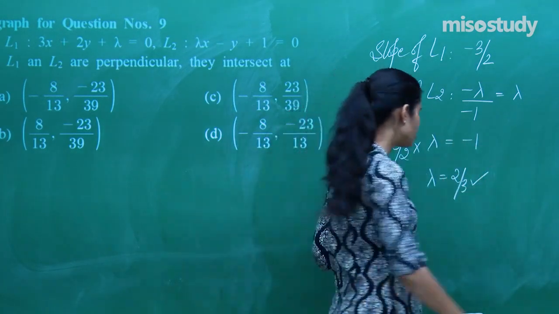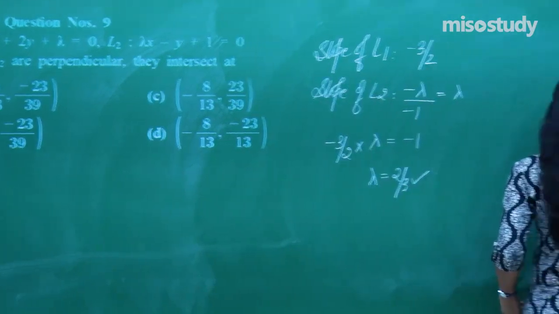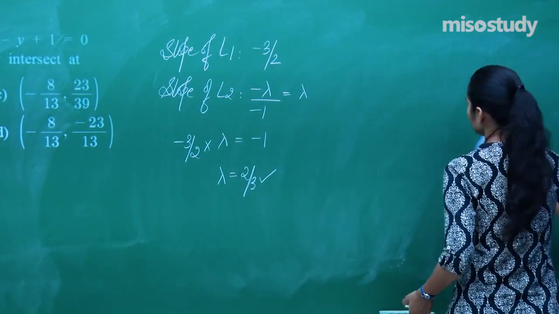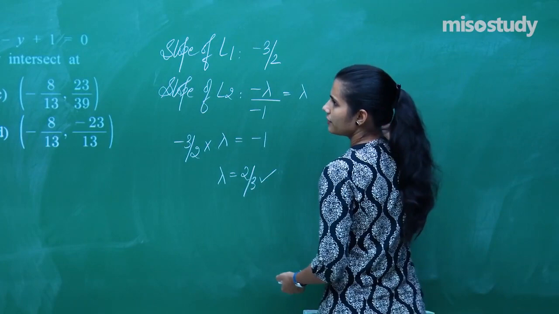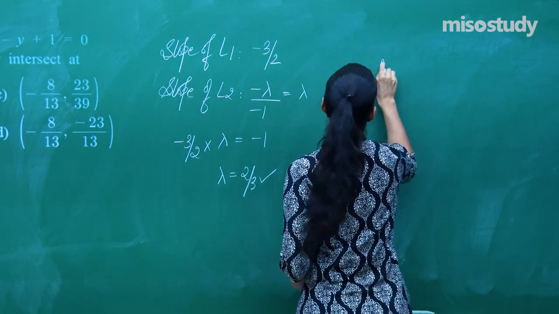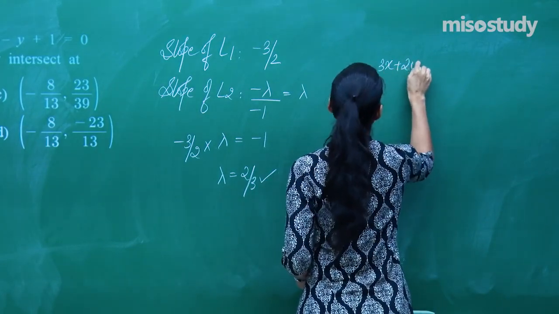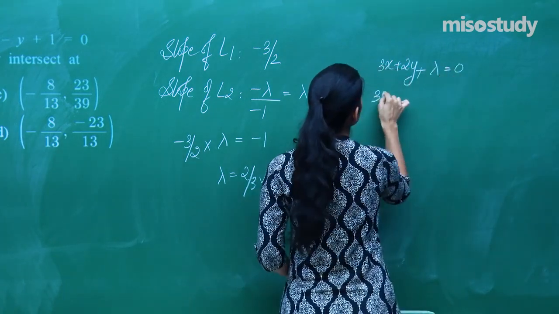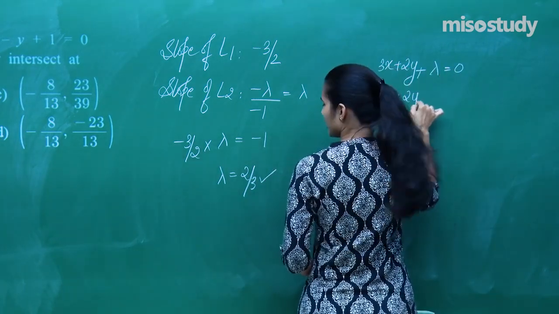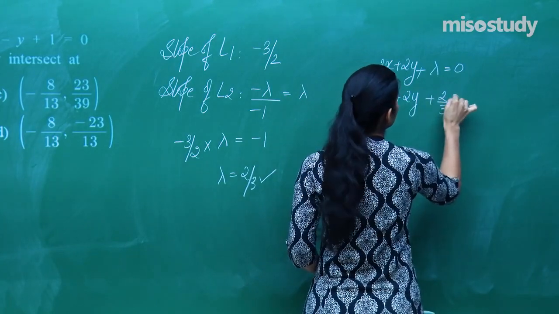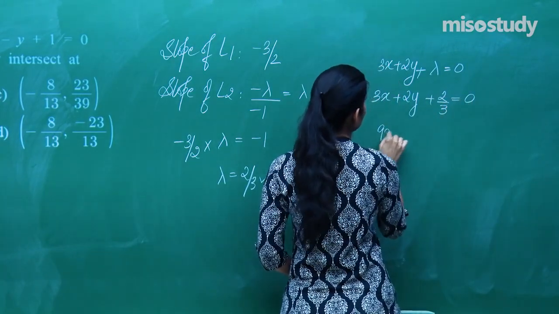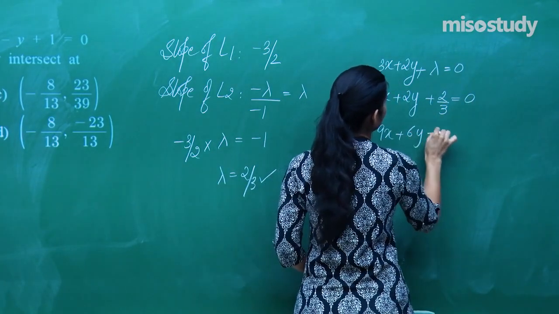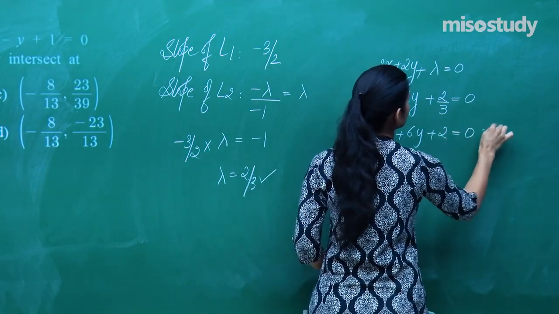The moment lambda is 2 by 3, you are in a position to get the equation of L1 and L2. Let's get the equation of L1 and L2. 3x plus 2y plus lambda equals 0. 3x plus 2y plus 2 by 3 equals 0. So this gives you 9x plus 6y plus 2 equals 0.